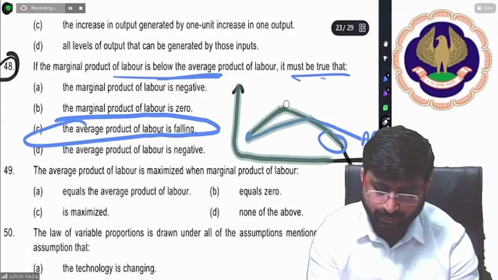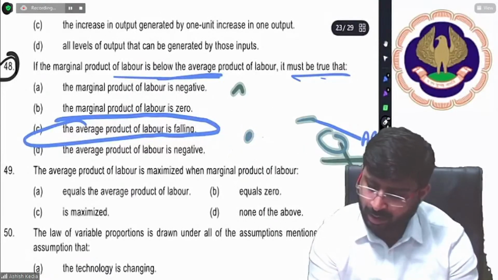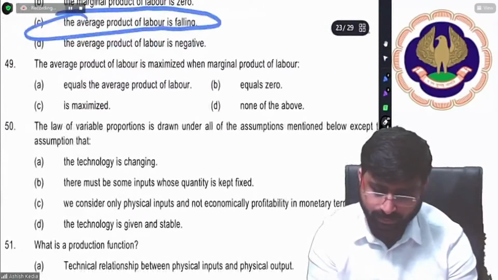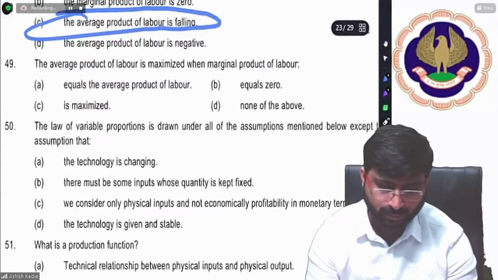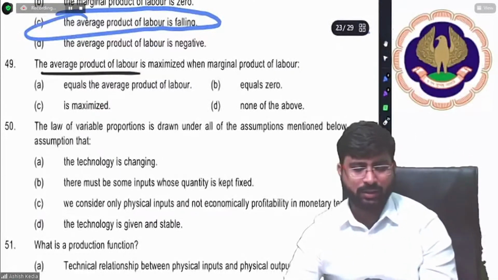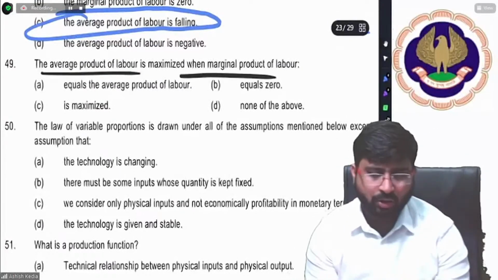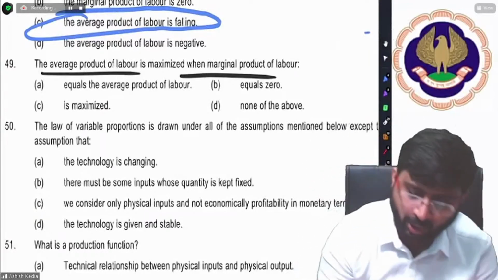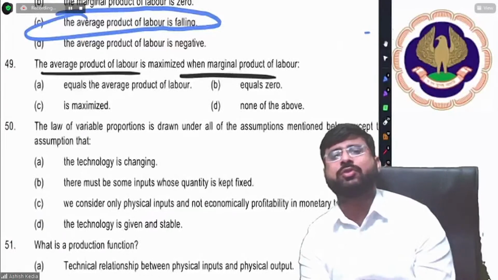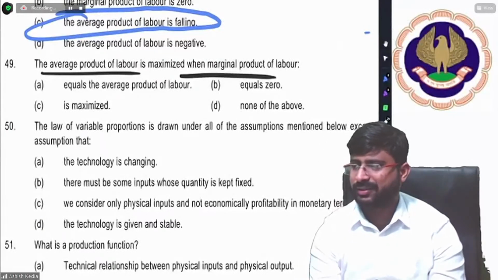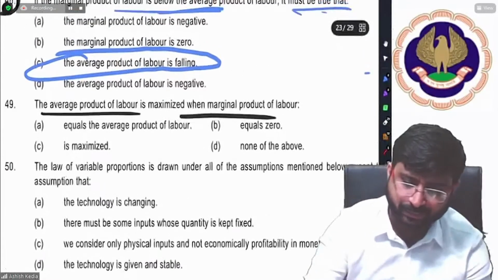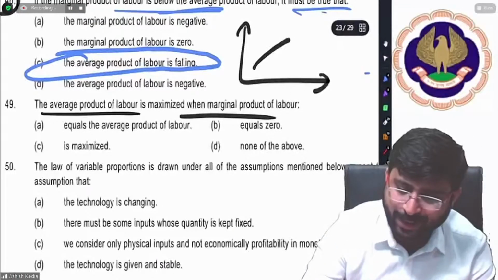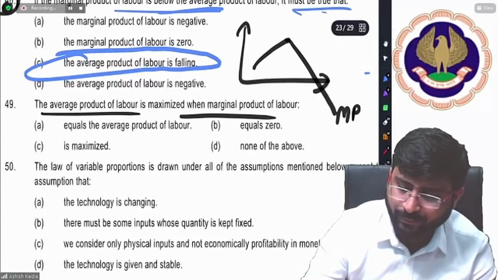Now let's move on. The AP of labor is maximized when MP of labor equals AP, equals 0 is maximum, or none of the above. What say, guys? You all discussed this. Again, the same diagram I am drawing. MP going up, coming down.